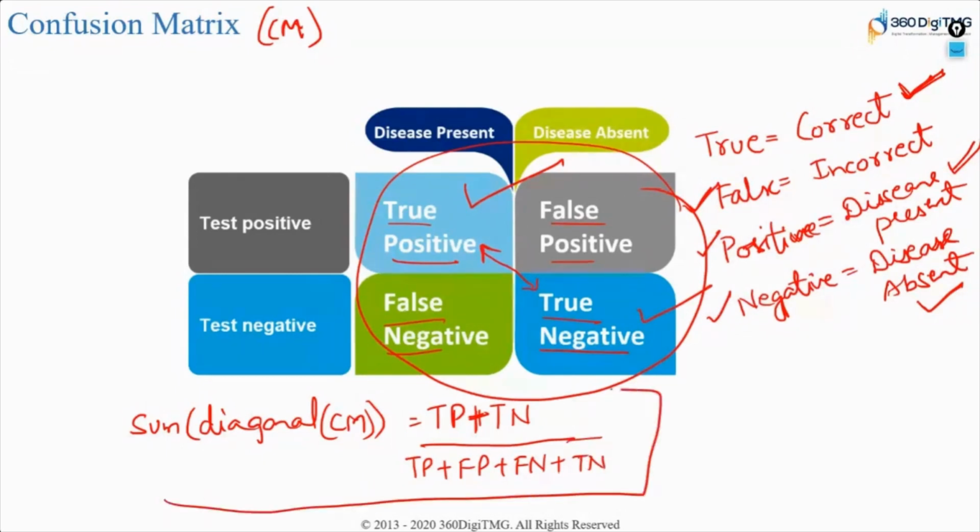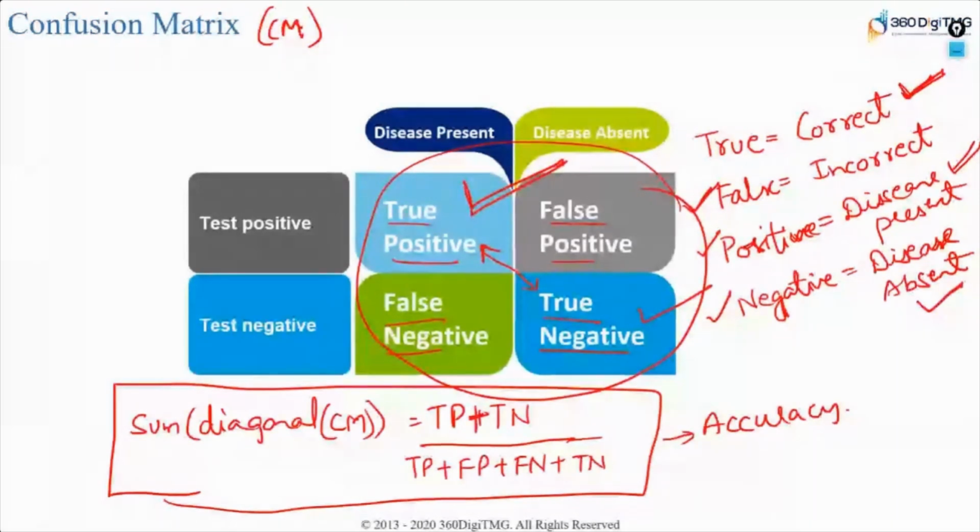When you solve this, you get the accuracy. Accuracy means how many times you correctly predicted, true positive plus true negative, out of overall predictions.